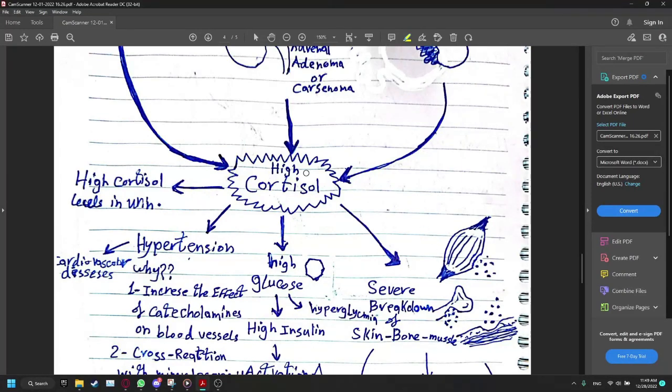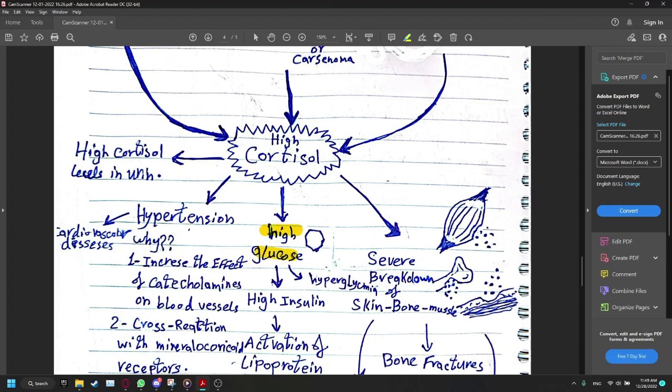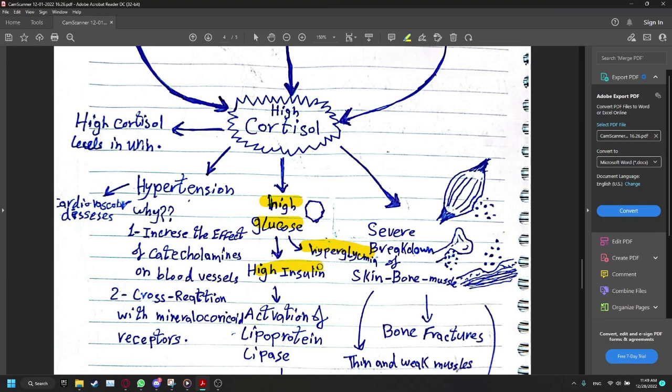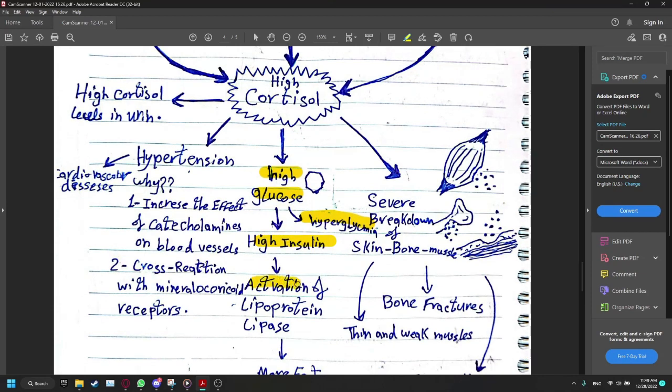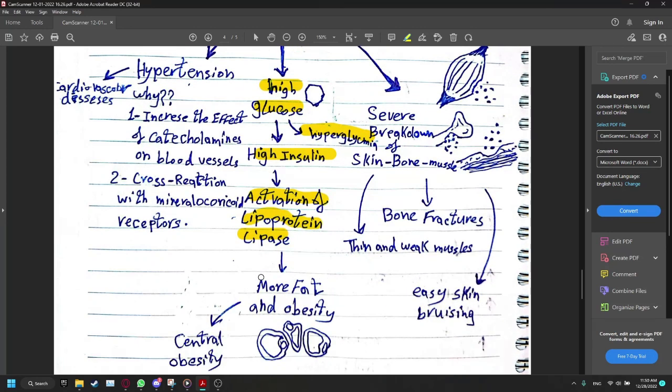It triggers high levels of cortisol and could cause high glucose levels, hyperglycemia, which could make high insulin, and high insulin makes activation of lipoprotein lipase.